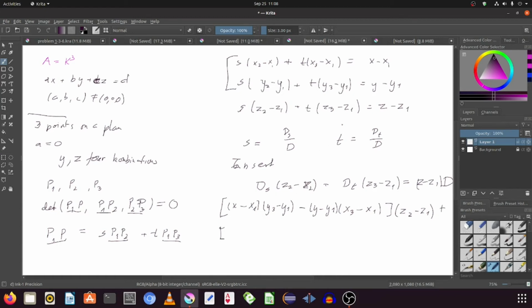And then dt, we put it in here, so that's this one times this one.